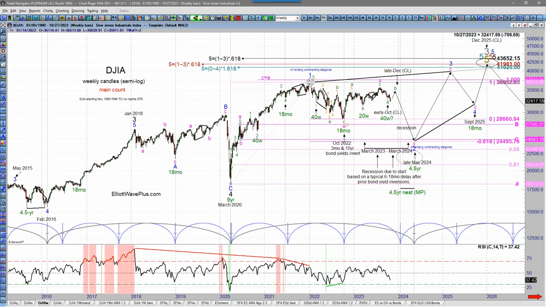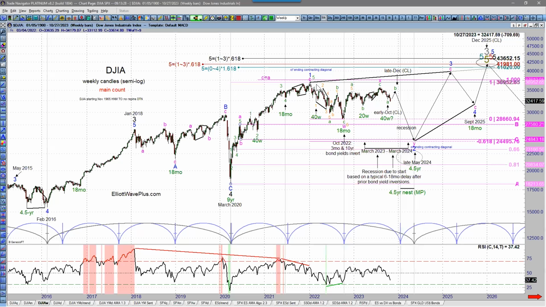And wave C in pink ended up coming very, very close to equality with wave A in pink. That's a very typical relationship of A and C in a zigzag.